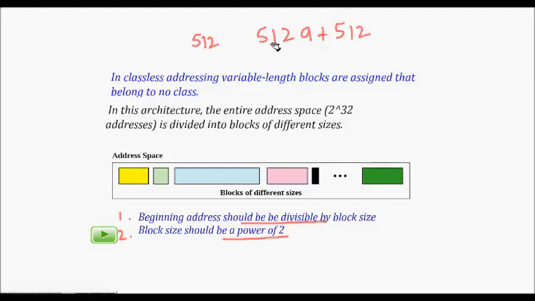Because 512 is again divisible, the end address will also be divisible by the block size, and then we can start new blocks. This way a 512-size block can start again.